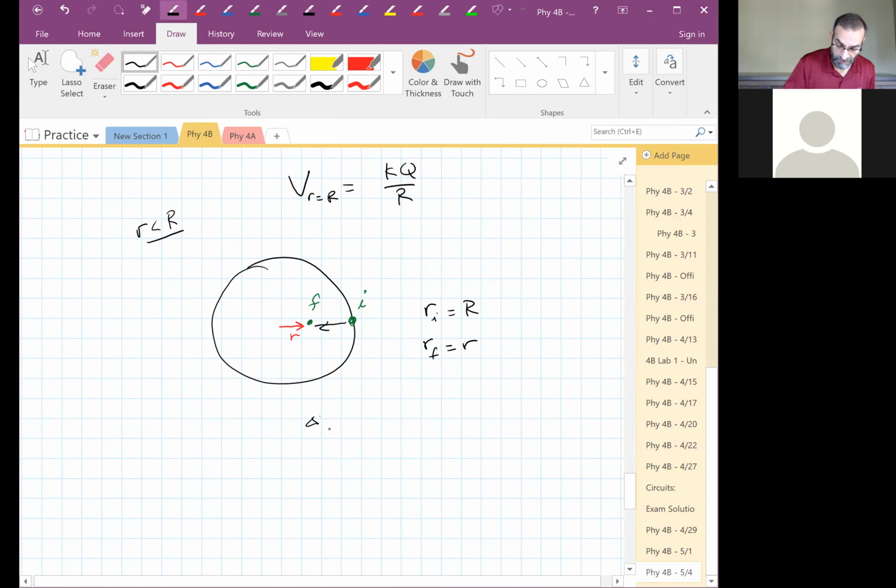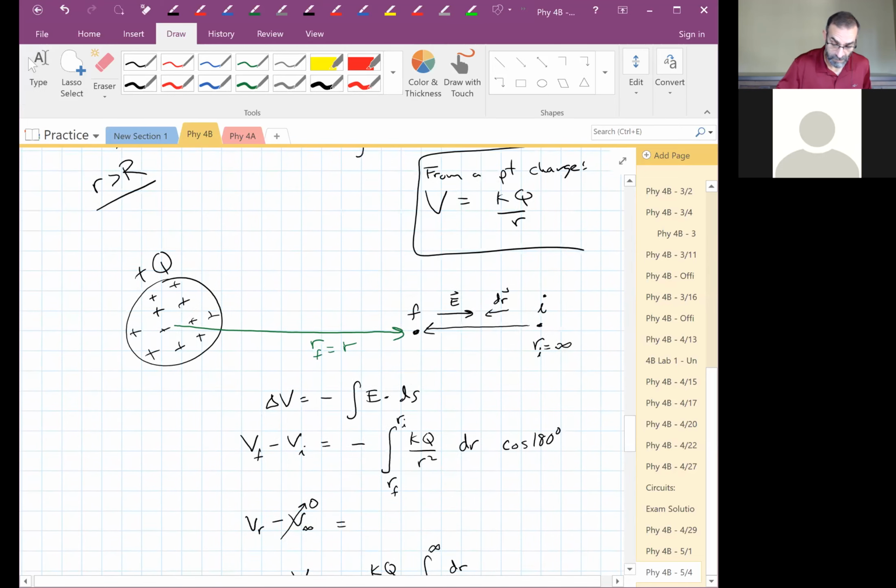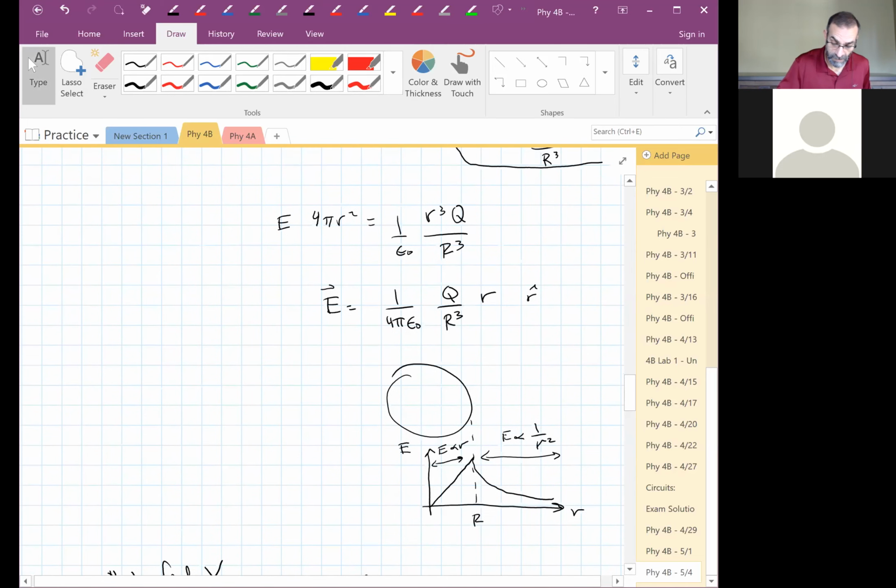delta V is minus integral E dot ds. So this is going to be V final minus V initial. Our electric field was, what was it? It was K, electric field, here it is. There's the electric field. KQ over capital R cubed times lowercase r.